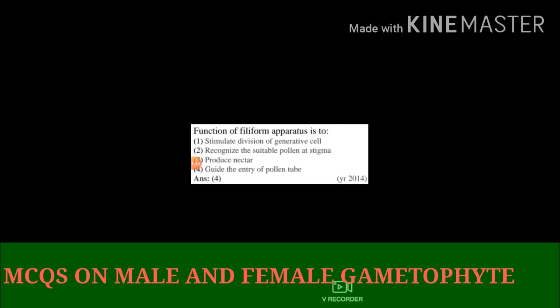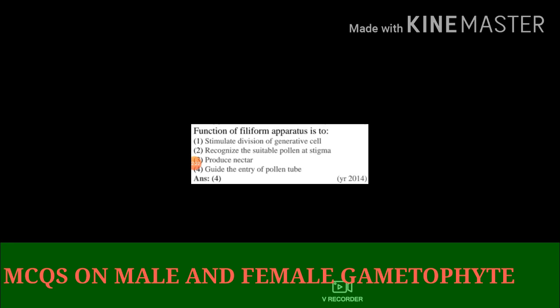Next question. Function of filiform apparatus is to. We already saw this in the first question. The filiform apparatus is present at the region where synergids are present inside the ovule, and this filiform apparatus is useful for entry of pollen tube, that is useful for fusion of male gamete to the egg cell.